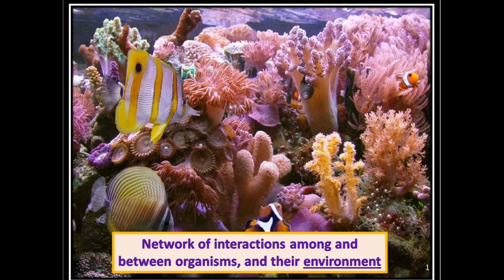When we think about the gastrointestinal microbiome, we really have to think about it as an ecosystem, because every ecosystem is a network of interactions among and between organisms and their environment. In the case of the gastrointestinal ecosystem or microbiome, the environment also includes the host that is carrying around this huge microbiome.